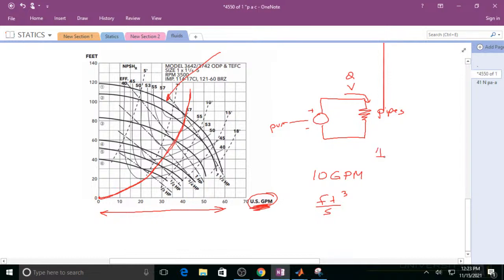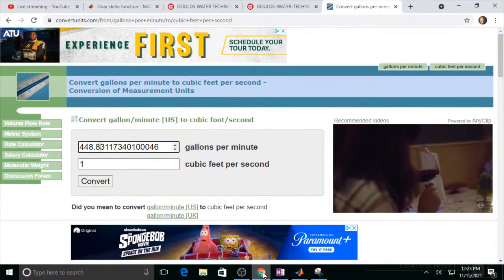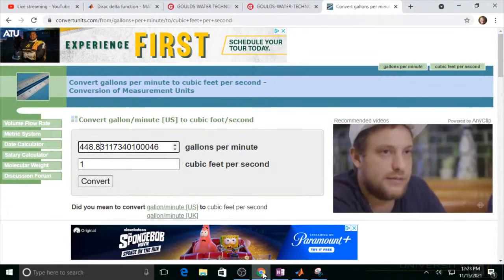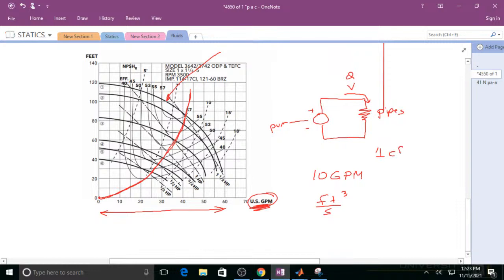So 1 cubic foot per second is equal to 448.6 gallons per minute. So if I want this in cubic foot per second, I do that.